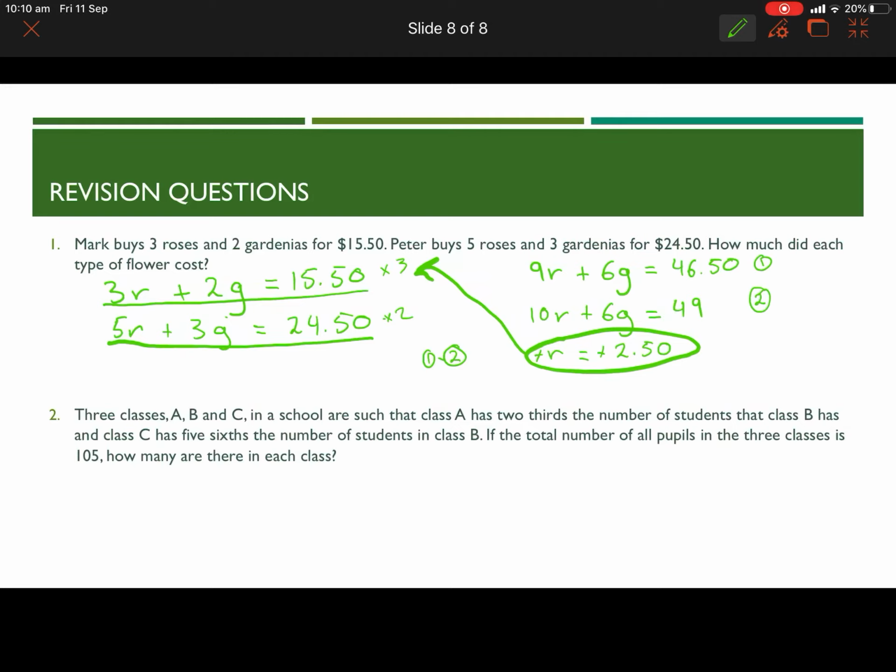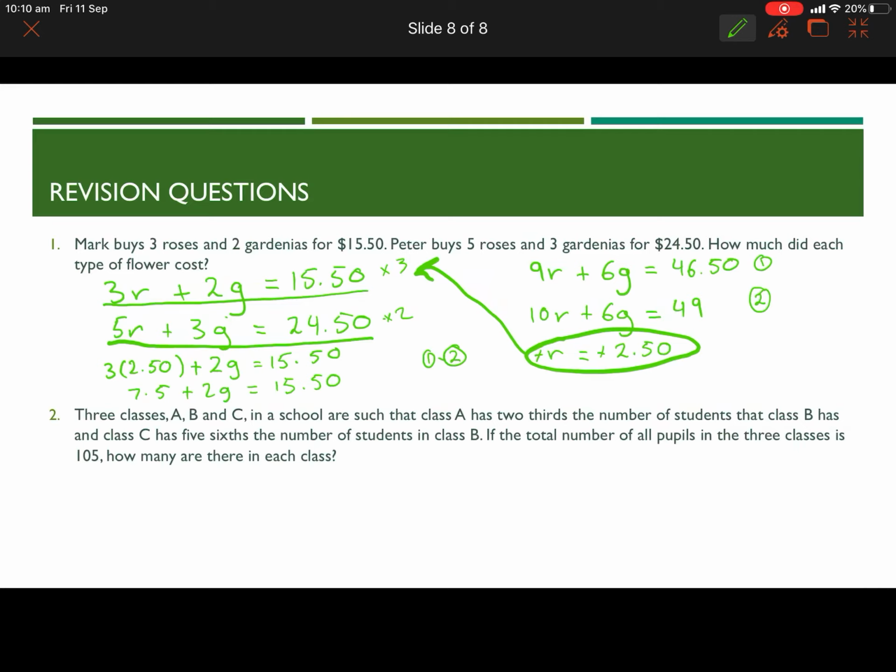So instead of the r, we put $2.50. So 3 times $2.50 plus 2g equals $15.50. I'm going to run out of room. 3 times $2.50 is $7.50 plus 2g equals $15.50.